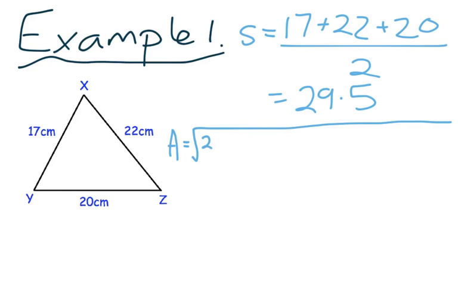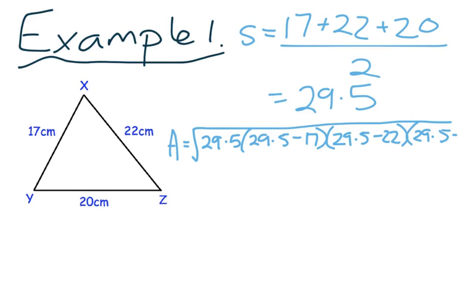So we would have here 29.5 times 29.5 take away 17 times 29.5 take away 22 times 29.5 take away 20. Just run out of a little bit of room there. Then I would type in what's under that square root sign and find that out.